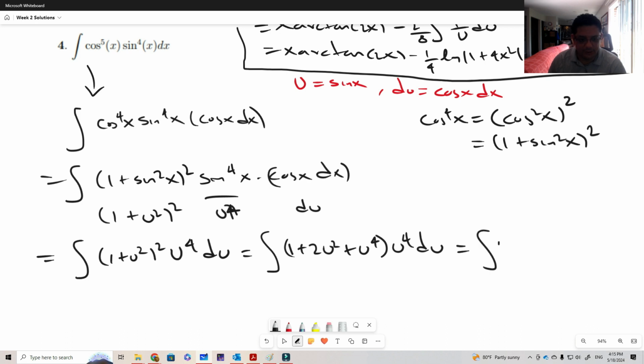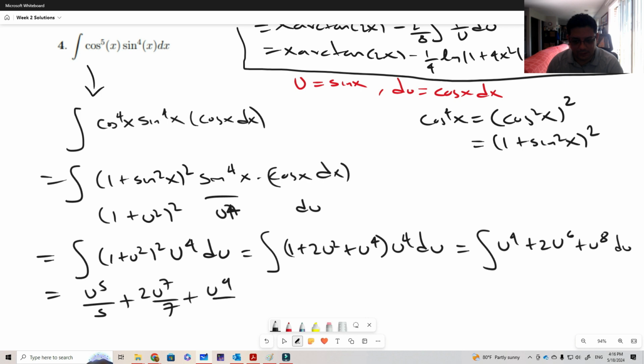And that's going to be u to the 4 plus 2u to the 6 plus u to the 8. And that way I can integrate the powers. This is u to the 5 over 5 plus 2u to the 7 over 7 plus u to the 9 over 9 plus c. And then at this point, I can go back to the original variable.